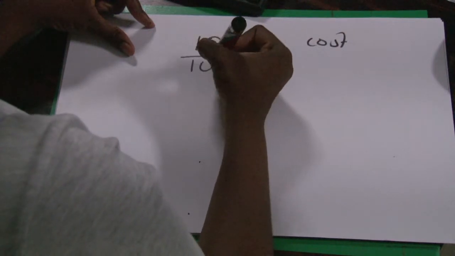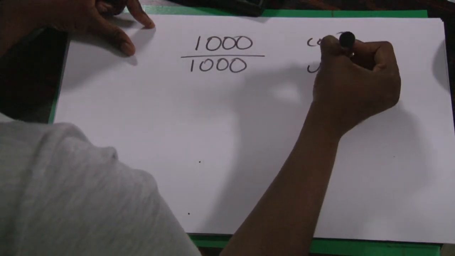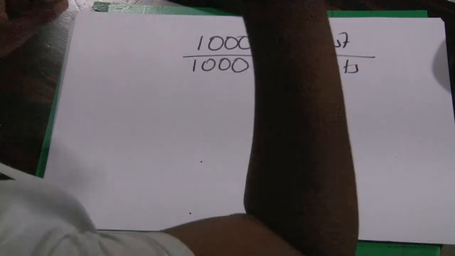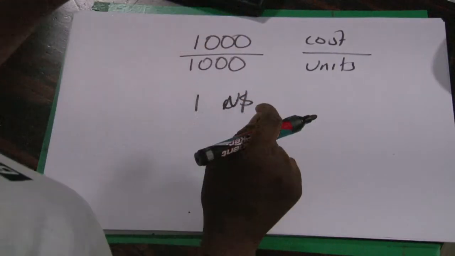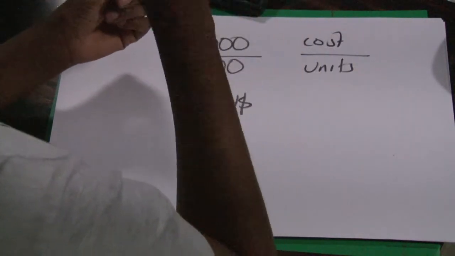I produced 1,000. These are the units. Now I want to know the average cost of one marker. So one marker cost me 1 Namibian dollar. You see, 1,000 divided by 1,000 is just 1. So each marker cost me 1 Namibian dollar.